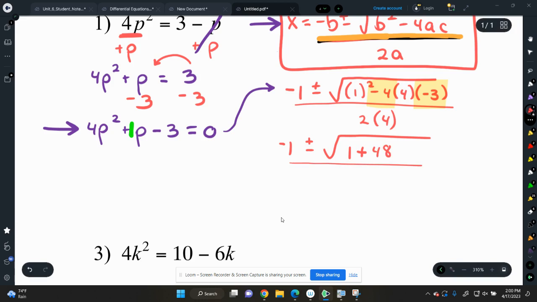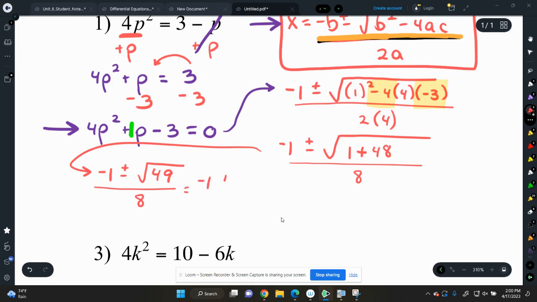All over 8. Right? So that is negative 1 plus or minus the square root of 49 over 8, which gives me negative 1 plus or minus 7 over 8.